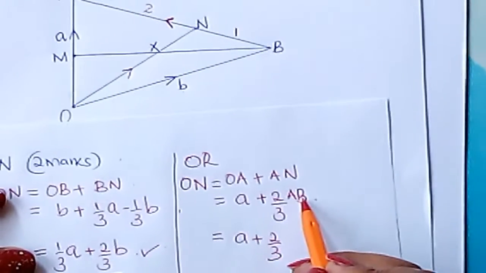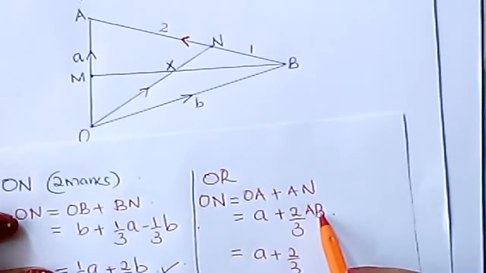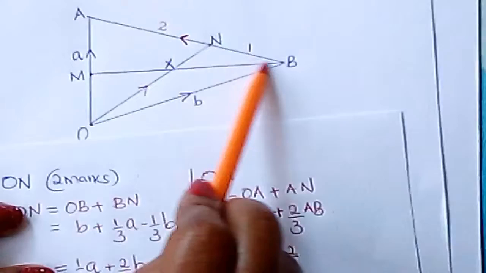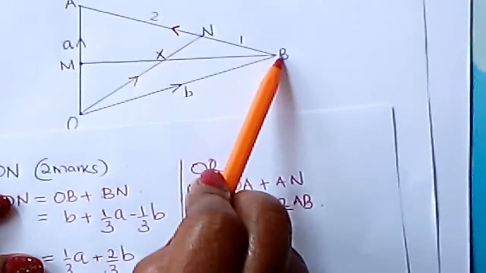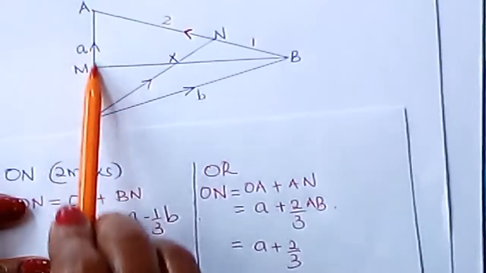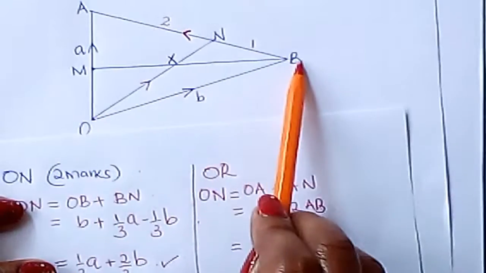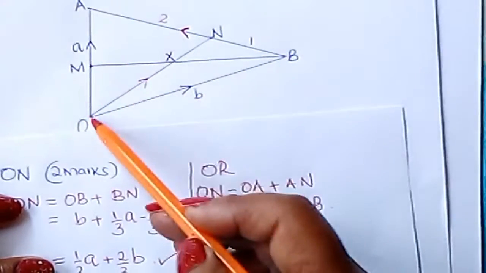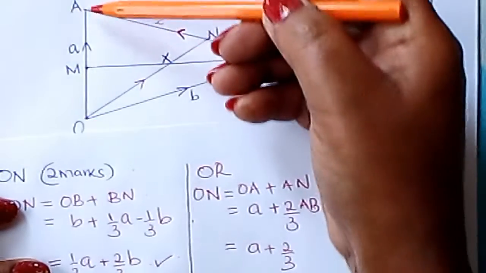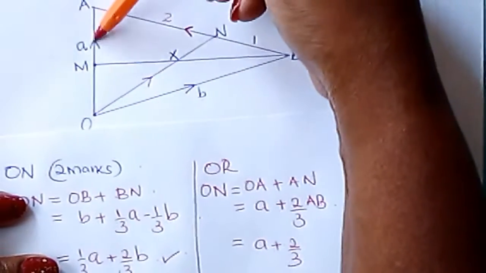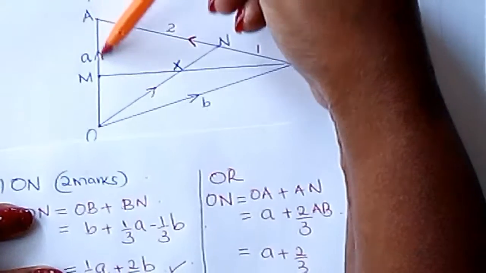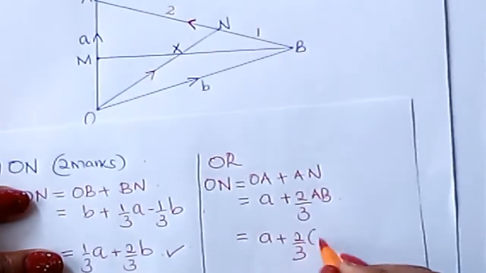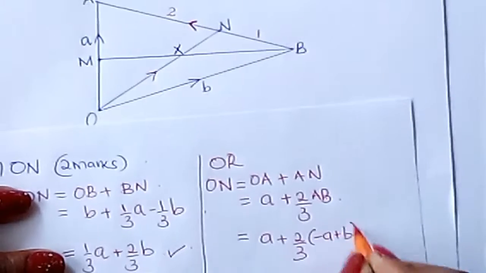What is your vector AB in terms of small letters A and B? Vector AB, if you are to move this way, is the same as AO plus OB, which is the same as minus A, because we are going against this arrow here, minus A plus B. You come and write it there.